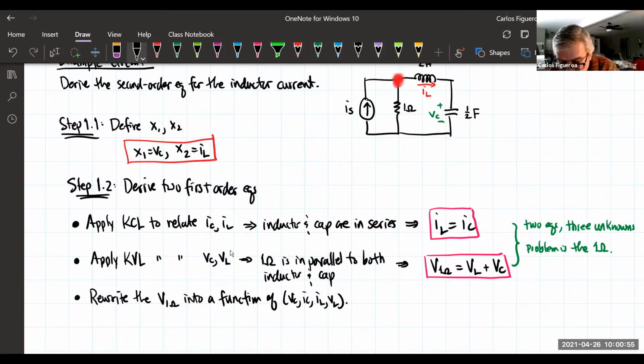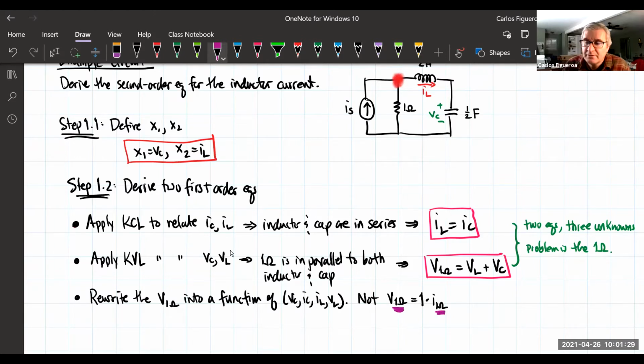Well, for starters, when I look at the 1 ohm resistor, I either have the voltage of this guy, or I could think about this as the current of the 1 ohm resistor. So I really have 2 choices here. Am I going to deal with the voltage, or am I going to deal with the current?